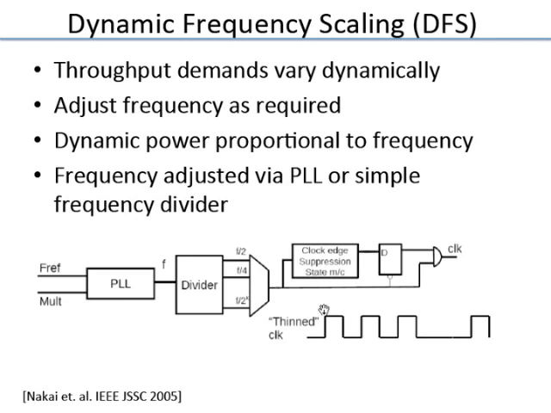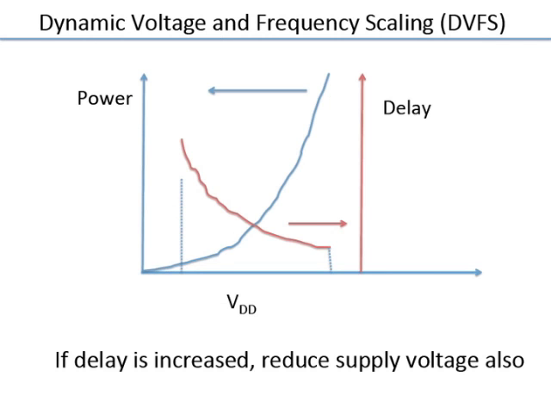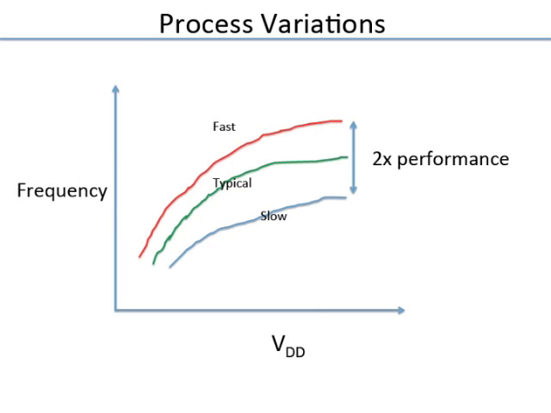So for all these frequencies between f by 2 and f by 4, where you do this clock edge suppression, it had better run at a voltage at which the f by 2 clock will run, because you can have two edges come very quickly. Once I hit f by 4, I can change the voltage to what it will run at f by 4. Then between f by 4 and f by 8, again I use the voltage for f by 4, and so on. So you can do this, what is called dynamic voltage scaling.